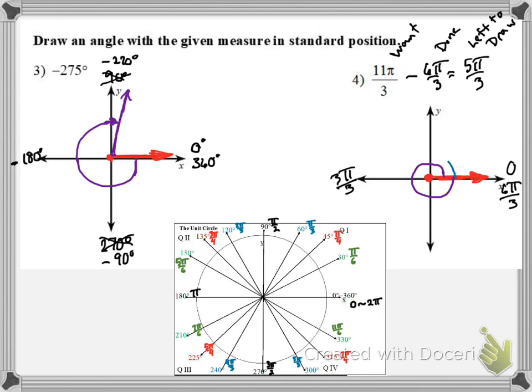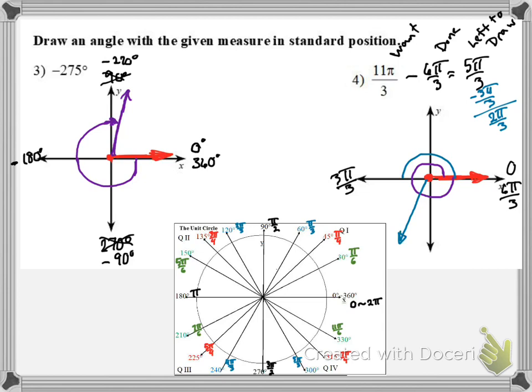If I go 3/3 more, I'm going to need another 2 pi over 3 again. So 2/3 more. Well, if half a circle is 3/3, then I need another 1/3 of the quadrant, which means about 2/3 of the way down here.